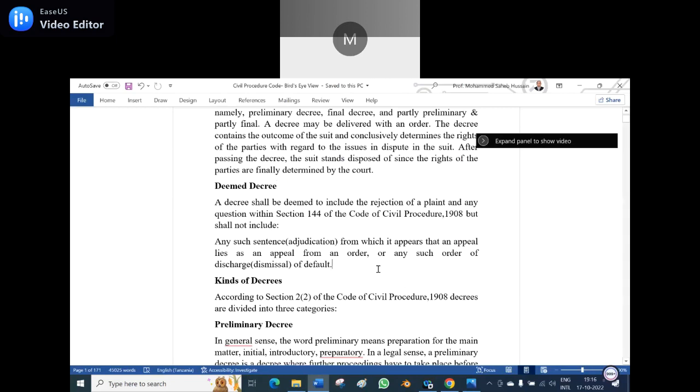It shall not be called a final decree when there is scope for appeal. That's why the justification given is an adjudication from which it appears that an appeal lies as an appeal from an order, and such a thing will not be made final.